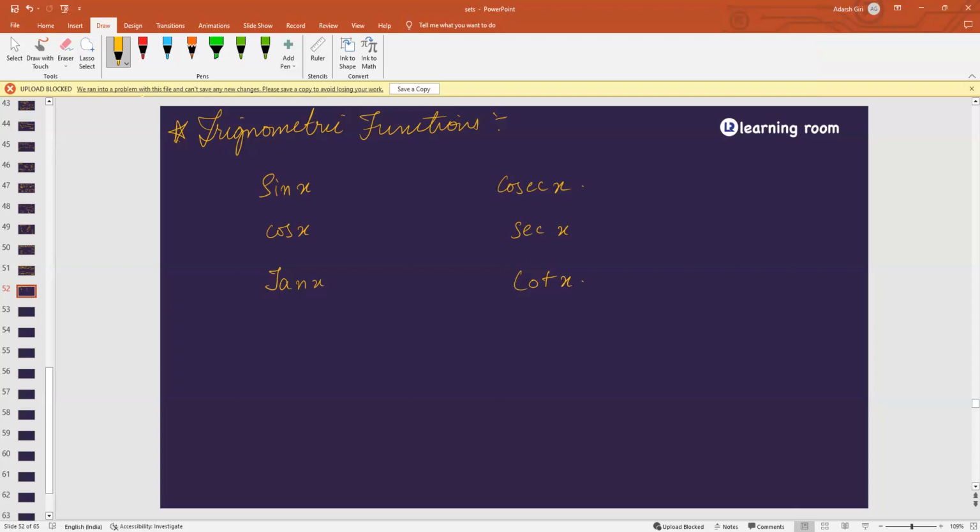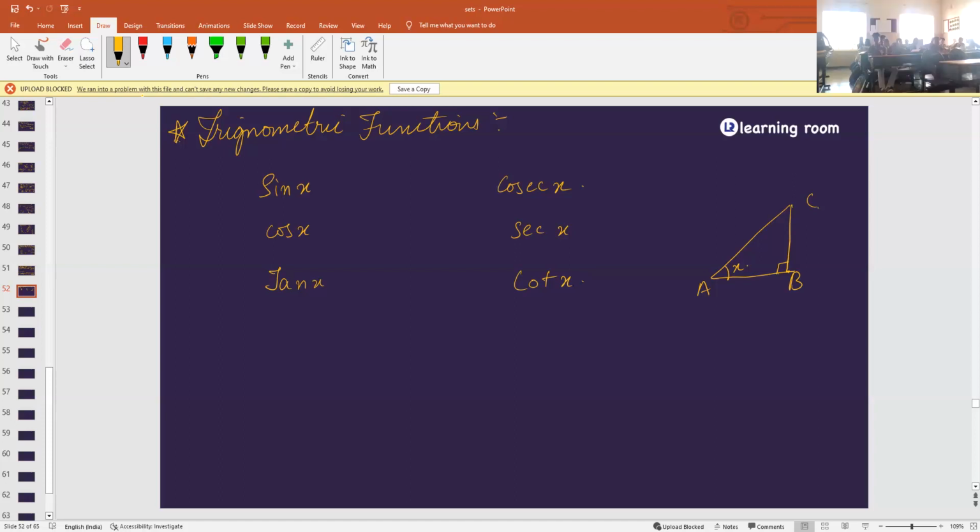All these things are related to the right angle triangle only. If we consider a right angle triangle, we name the points A, B, and C, and we take any angle theta, or here we are representing it as x. So this is the perpendicular side, this is the base side, and this is the hypotenuse side.